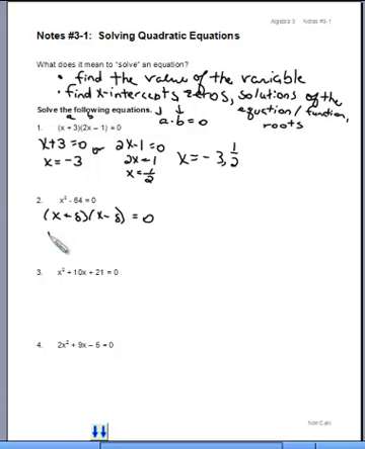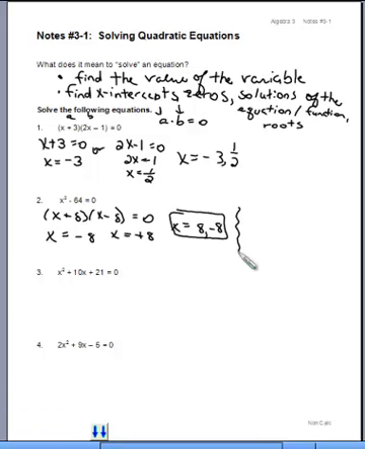So x plus 8 equals 0. That means in this one, if x is negative 8, and in this second one, if x is positive 8, then my answer would end up being 0. So my answers are x equals 8 and negative 8, or negative 8 and 8.